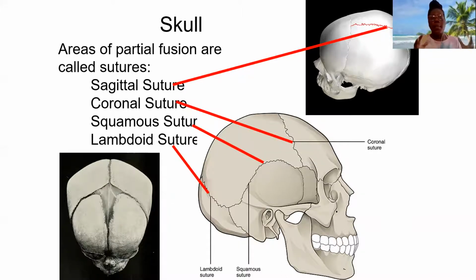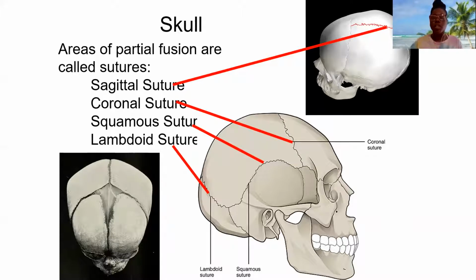So while we were developing in utero, inside our mother's uterus, these bones were partially fused. And at the time of birth, they were still partially fused. And then throughout our full development, they become more permanently fused. And what's left is that area of demarcation called a suture line.